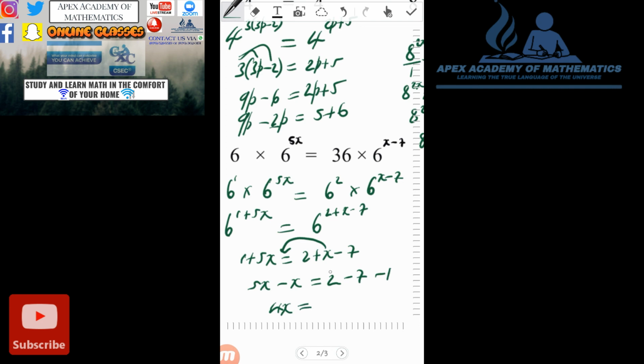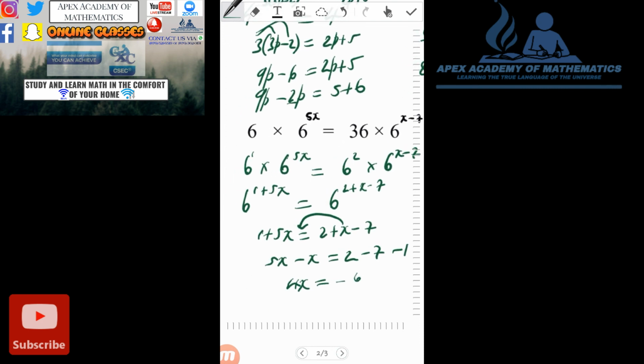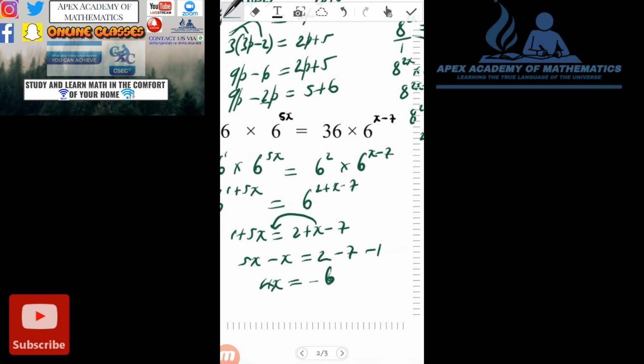Okay, all right, so with that done, 5x minus x is equal to 4x, and of course, we're going to use some integer skills here. Do check out the link in the description below for how to work out integers. At this stage, I think you're good enough to work this out in your head. But 2 minus 7 is minus 5, and minus 5 minus 1 is equal to minus 6. And just to wrap this up, 4x divided by 4 is equal to minus 6 divided by 4.